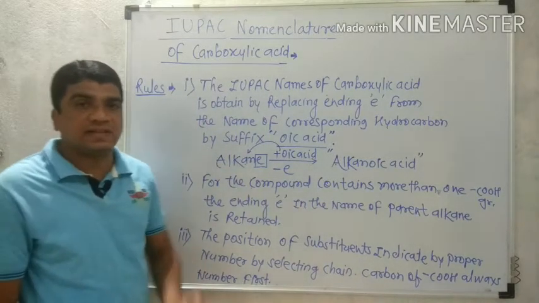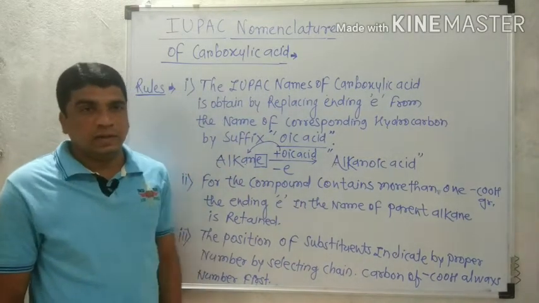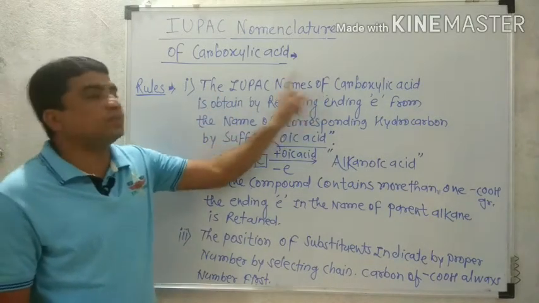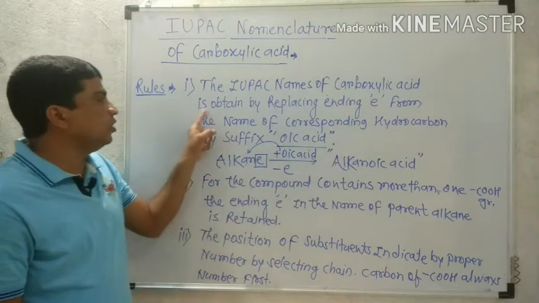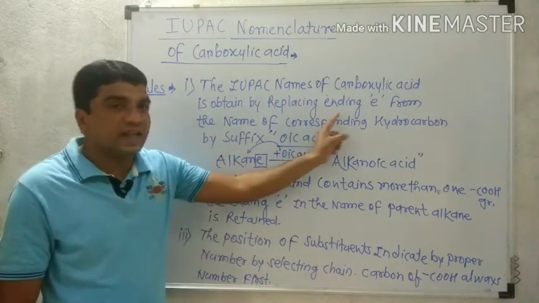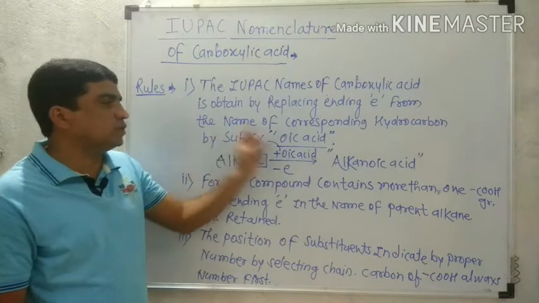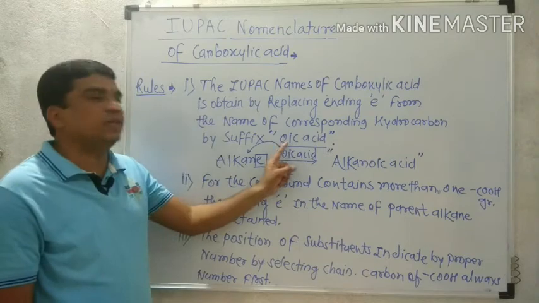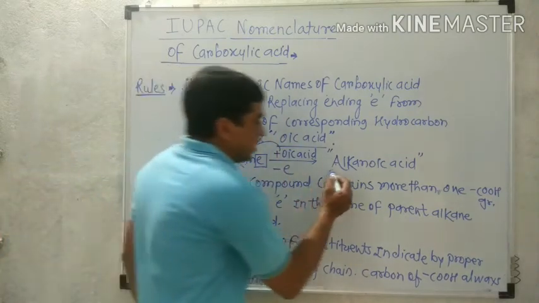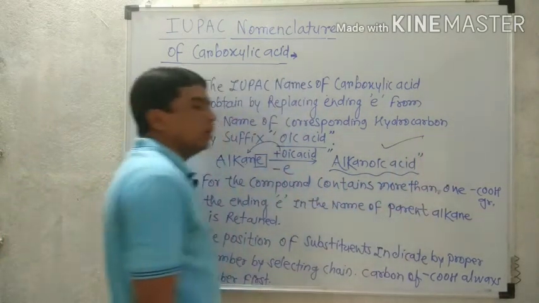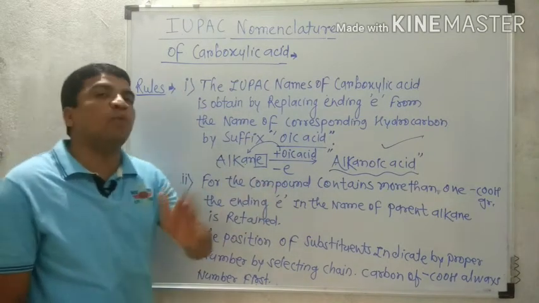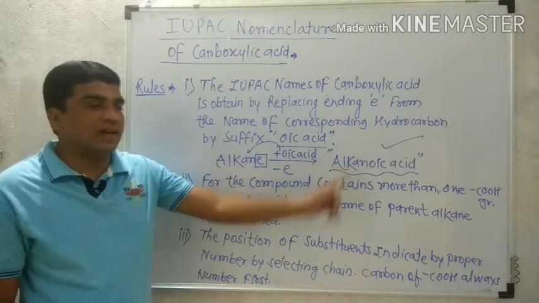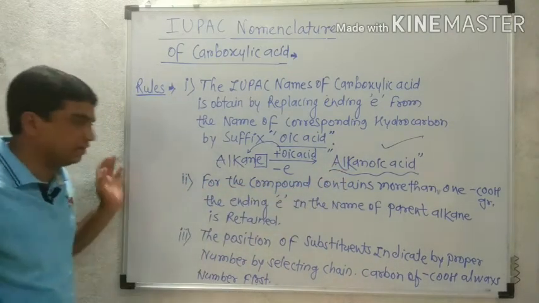They are considered as the corresponding alkanoic acid. So the first rule is that the IUPAC name of the corresponding carboxylic acid is obtained by replacing the ending E from the name of the corresponding alkane by the suffix OIC acid. Depending upon how many carbons are present in the structure of the carboxylic acid, they are named as alkanoic acid. We will discuss this in the examples.